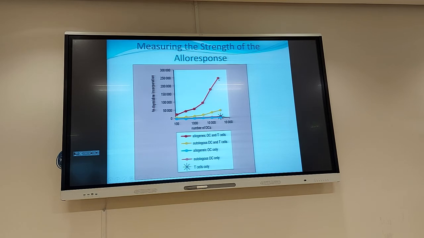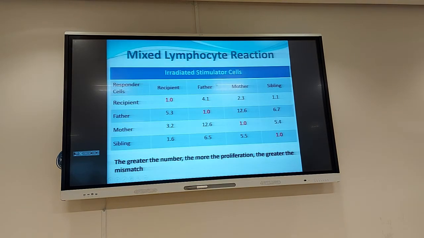Okay? So then from that, you do this proliferation assay where you have your recipient cells mixed with either of these three potential donors.